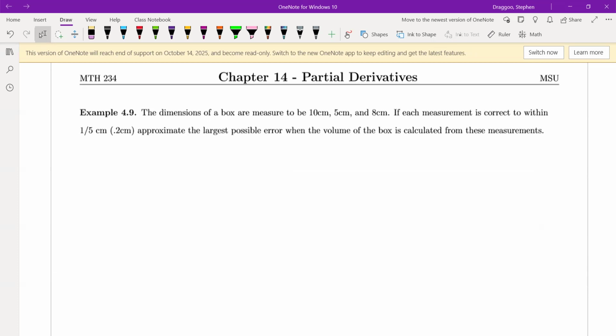So my box is supposed to measure 10 by 5 by 8, and it's correct to within a fifth of a centimeter. Each of those three measurements will be correct to within a fifth of a centimeter. So my goal is going to be to approximate the largest possible error when the volume of the box is calculated from those measurements. And so each of those measurements could create a compounding error, and I'm going to look for the largest possible error.